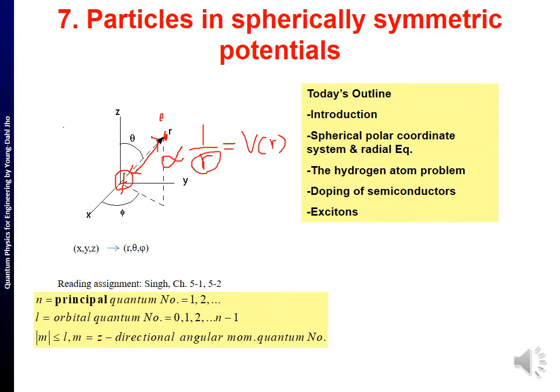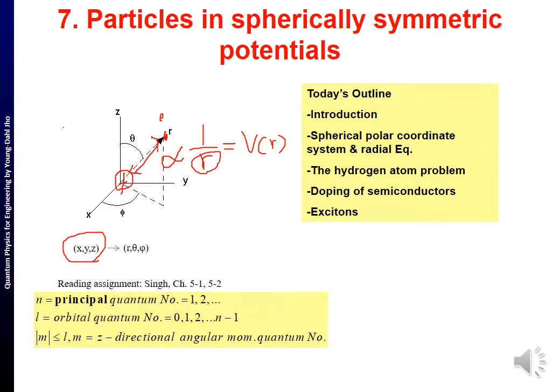So previously we considered the rectangular coordinate consisting of x, y, and z. But this Coulomb potential is described by the independent variable of r.